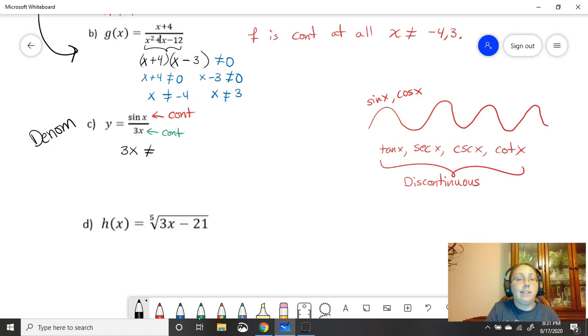Hopefully you've caught on. 0. Always. Cannot be 0. So if I divide both sides by the 3, what have we found? We found the point where this function is not continuous. So we would state here that y is continuous at all x's that are not 0.